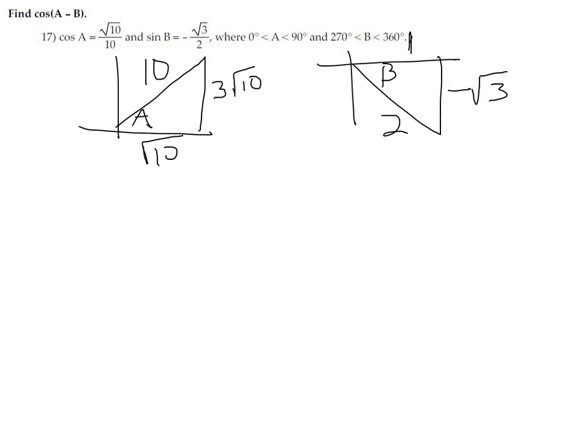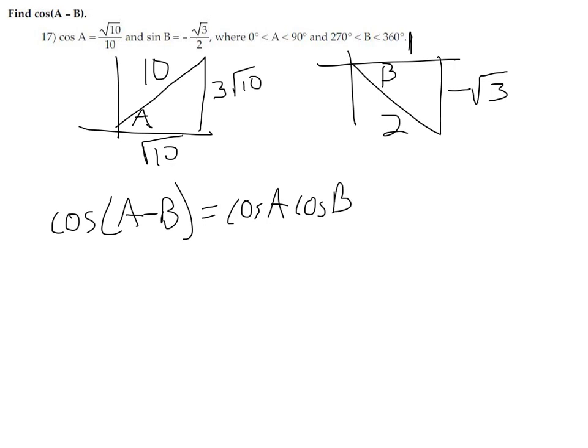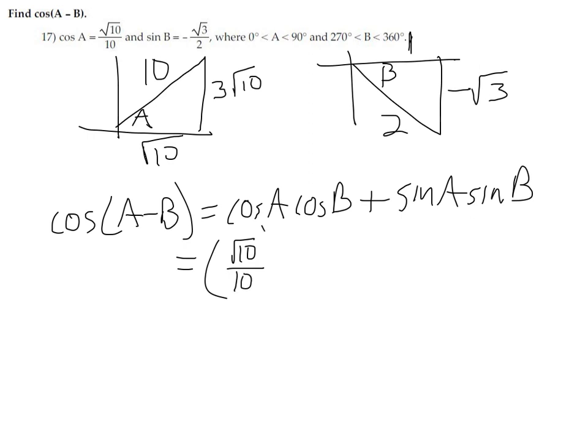Now we can proceed with our identity. Cosine of A minus B. This is cosine A, cosine B, opposite symbol plus sine A, sine B. Cosine A is adjacent over hypotenuse. Cosine B is adjacent over hypotenuse, plus sine A is opposite over hypotenuse.